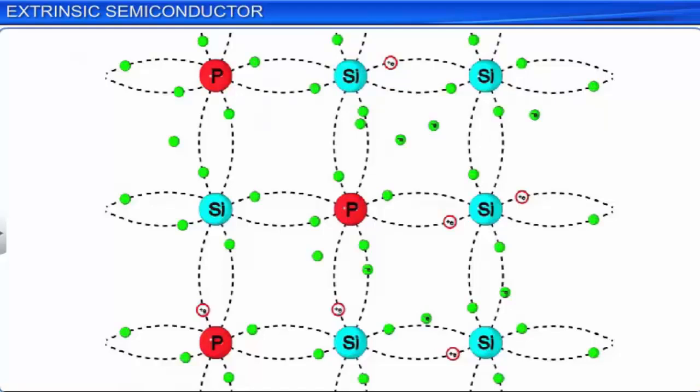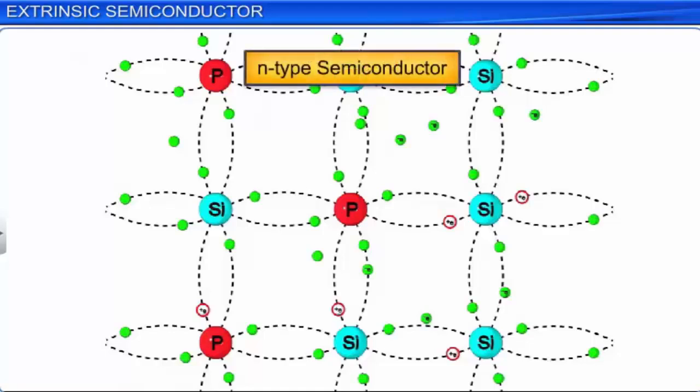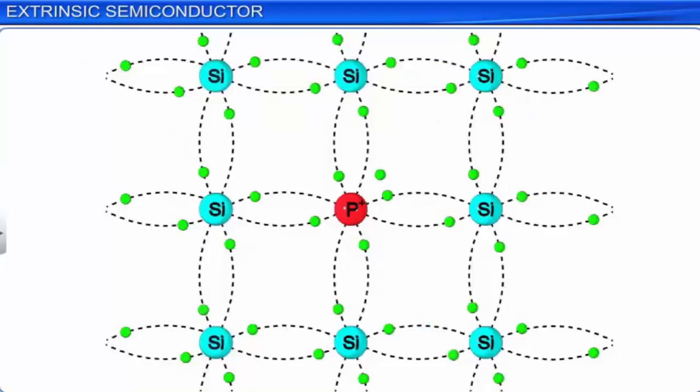Thus, such extrinsic semiconductors are called N-type semiconductors. When a dopant atom in an N-type semiconductor gives up a valence electron, it becomes positively charged. Thus, a dopant atom in an N-type semiconductor is called a positively charged core or donor impurity.